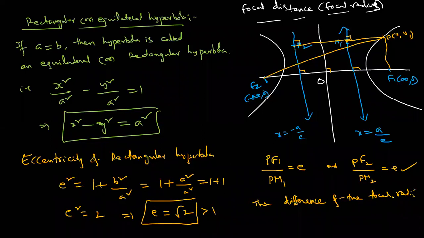The difference of the focal radii of any point on a hyperbola is the length of the transverse axis.